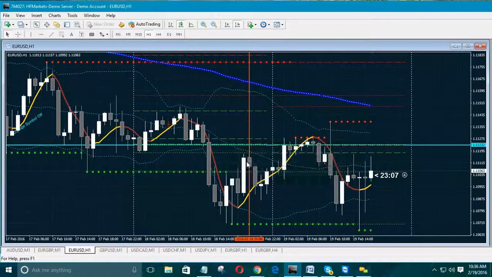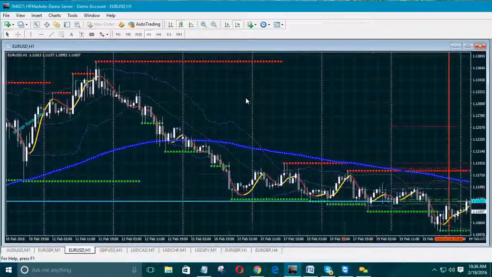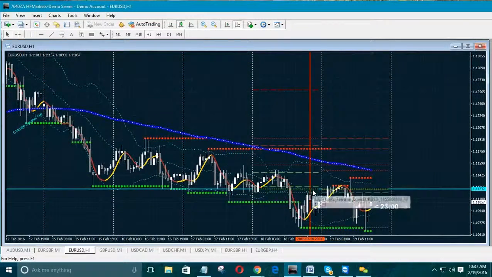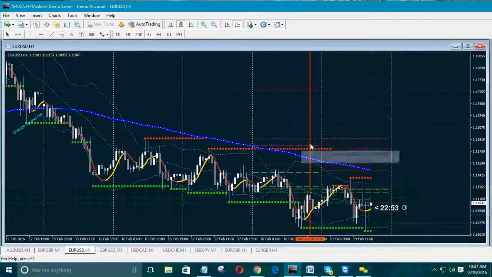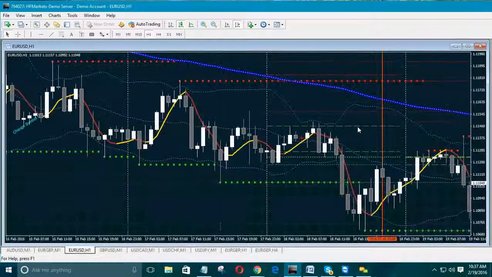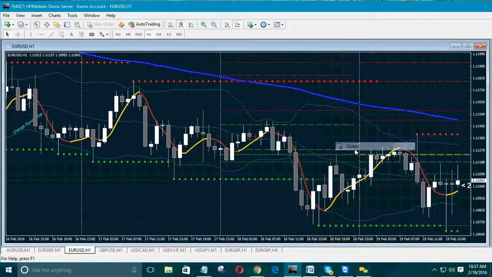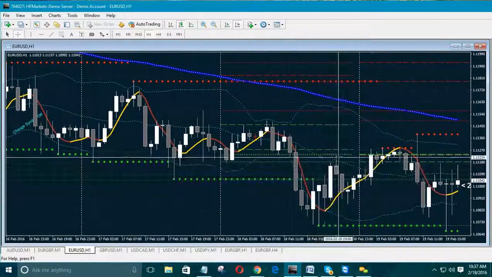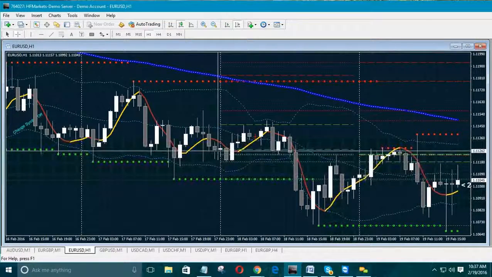So the market worked its way up here to a place where there were a lot of tension lines, and it just didn't have the strength to continue there. Let me zoom in here real quick. Delete this. So the market tried to push up, but there was just too much tension there.